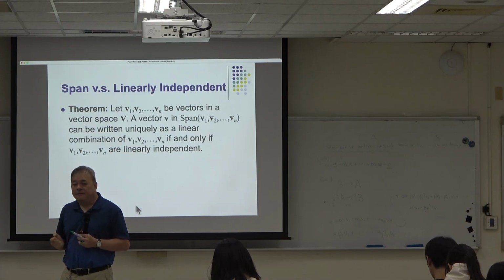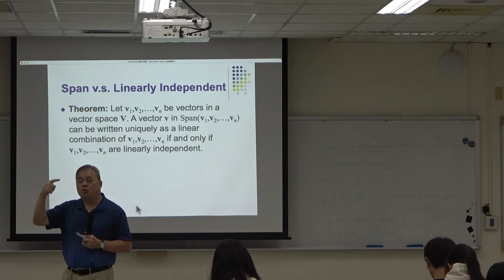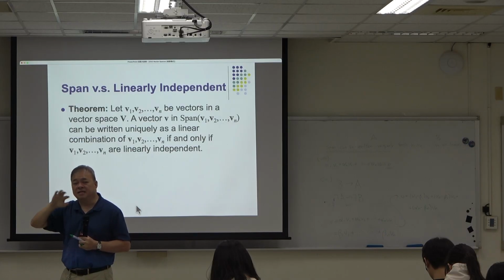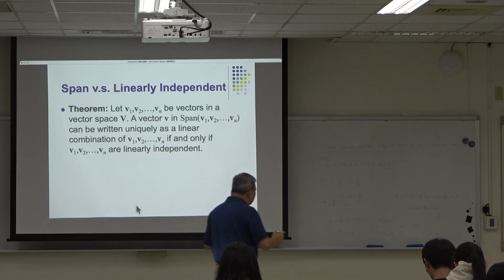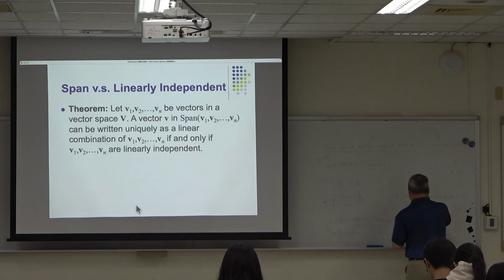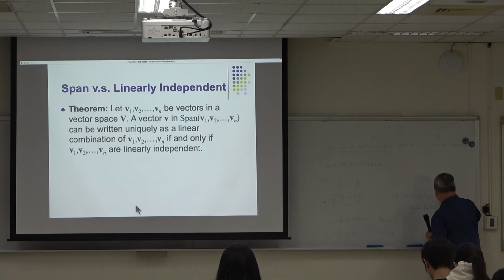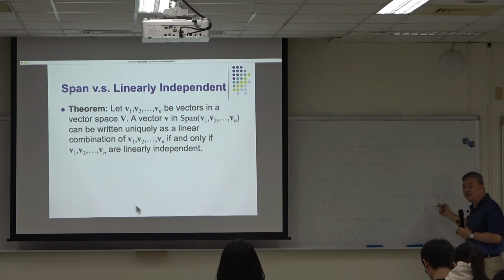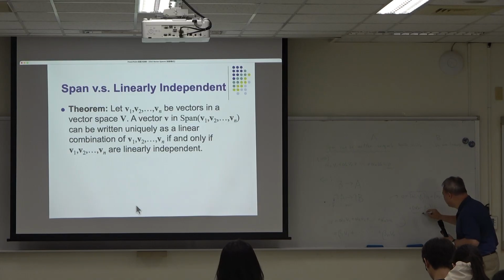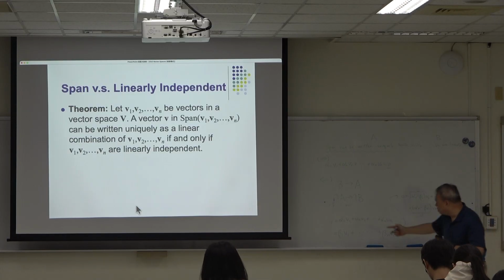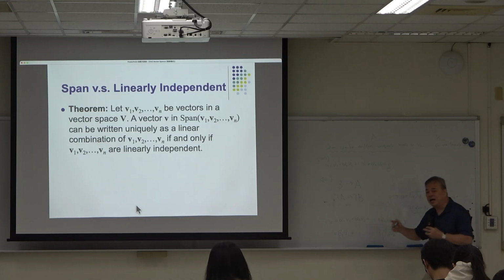If we say there are two ways to assign this linear combination, that means these pairs cannot be all equal. If they are all equal, we get 0, 0, 0 here, which means the two linear combinations are the same.